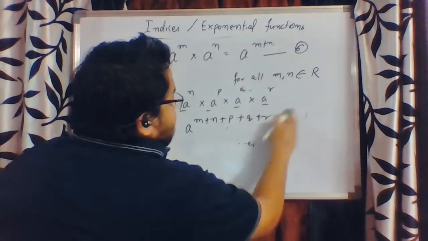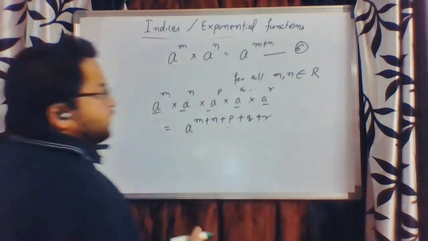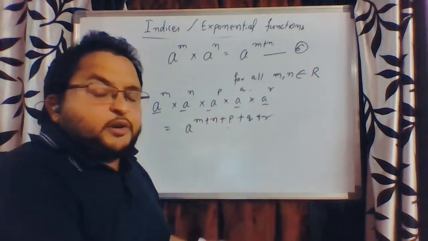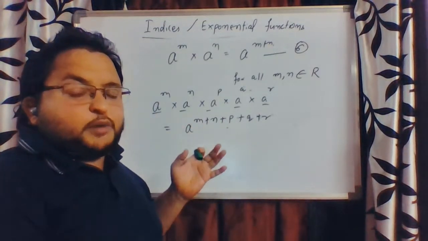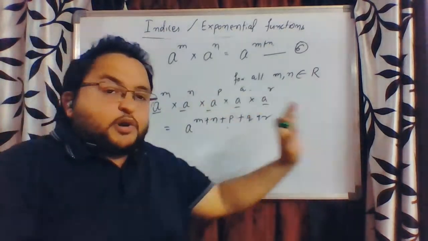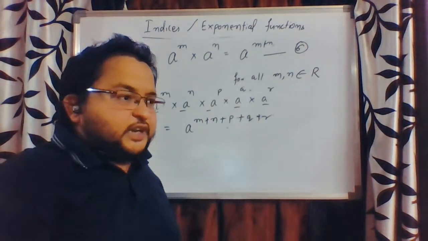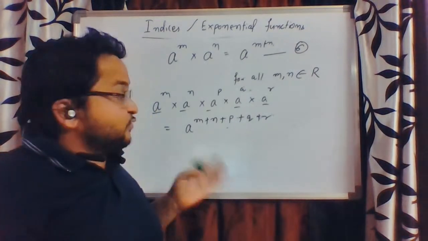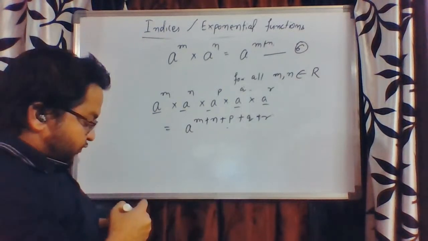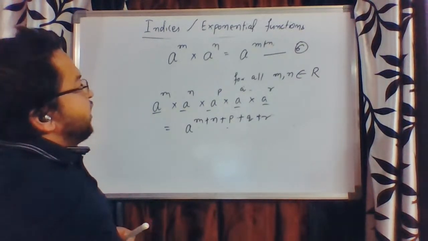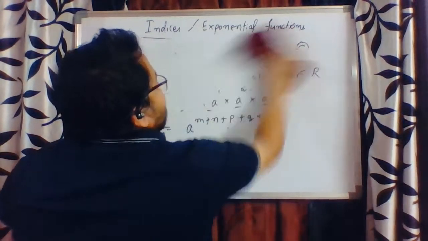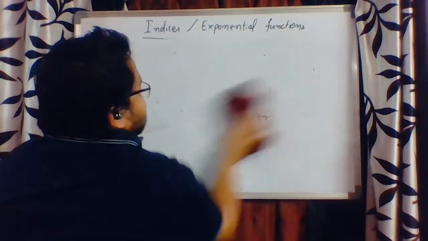So don't think that this addition rule is applicable only when two exponential numbers are multiplied with each other. It is equally applicable if n number of exponential numbers are multiplied with each other as well. Okay, so you can just take a note of it, and in the meanwhile I would start creating more white space for me. So this is your rule number 6.